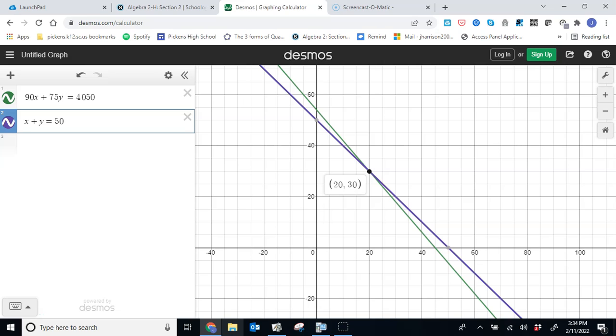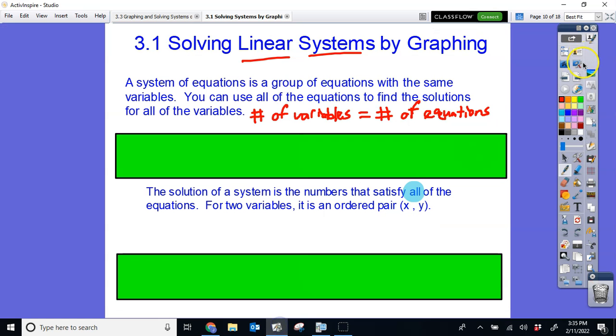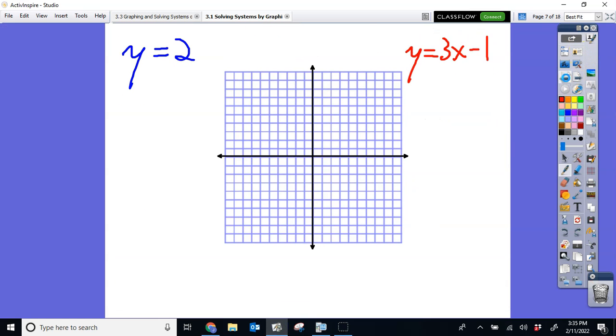When we look at that graph of each one of those equations, it's not just the x value that means something to us, like we looked at in the last portion of the last chapter. It is also the x and the y. So notice when we find the point where these two intersect each other at 20 and 30, that means more than just the x value.